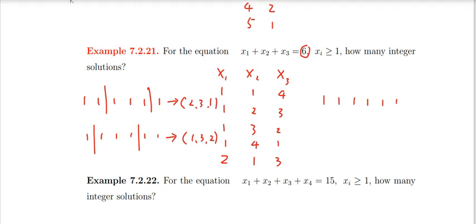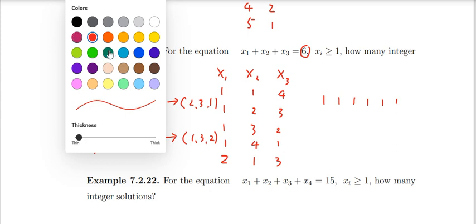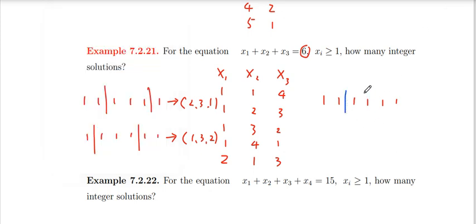We just put 2 bars like this one or this one, right? We just use the 2 bars to split. Okay. So where can we put these 2 bars? This position here, here, here, here, here, right?